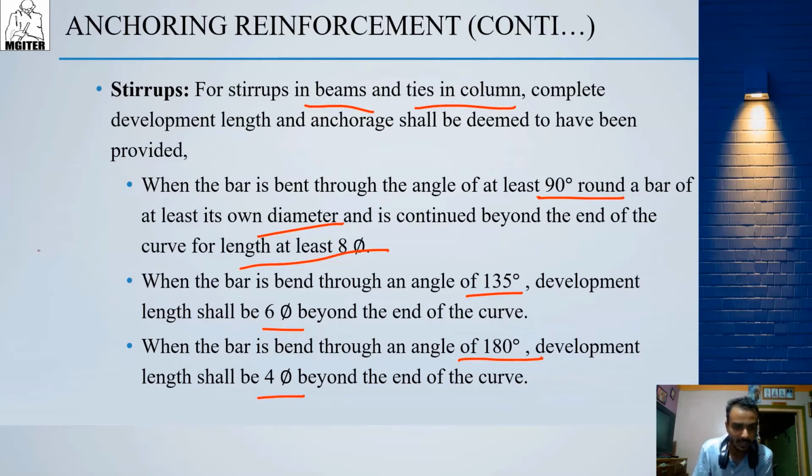So what is the angle? Here is the reinforcement, and for the outer surface we call this a stirrup. For the bend through an angle of at least 90 degrees: what is 90 degrees?